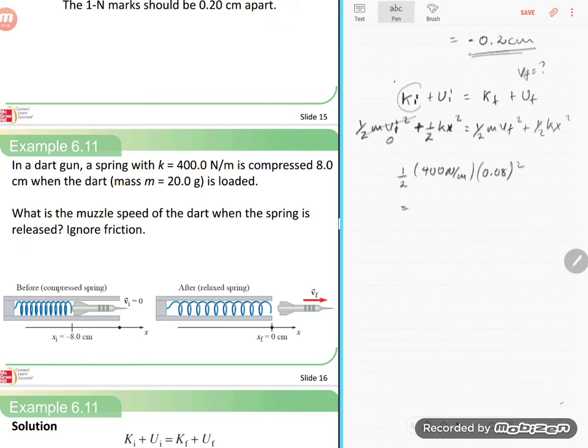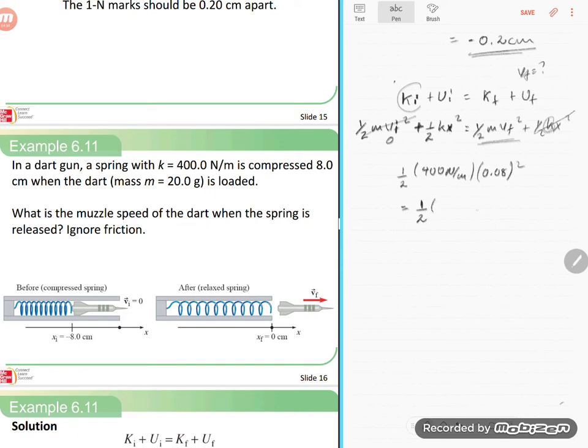For the final, the spring is now relaxed, so x will be 0. Because x is 0, it eliminates this term, and we will have this one.